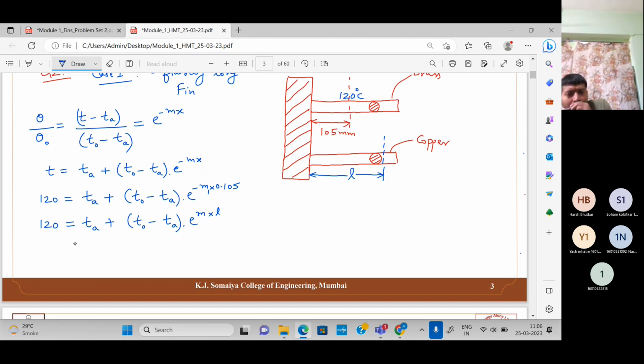We have assumed that at L distance the same temperature would be reached in the copper rod. So here it is Ta plus T naught minus Ta into e to the power minus m2 into L.